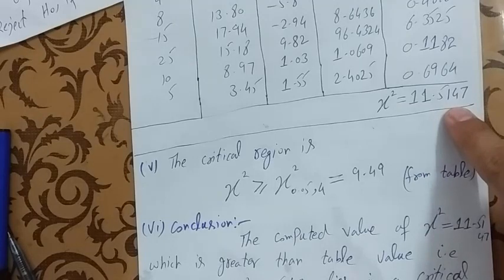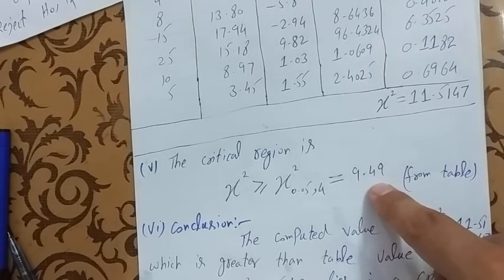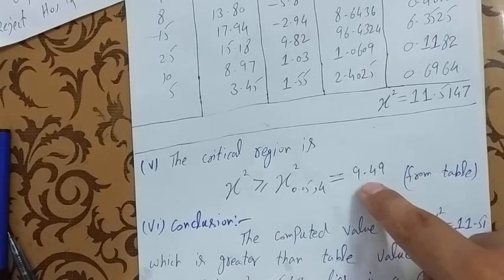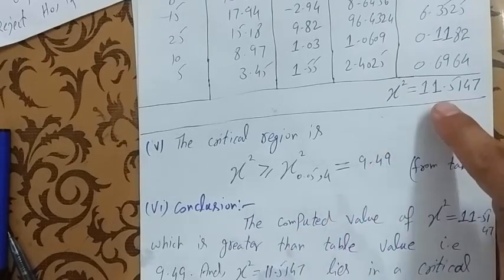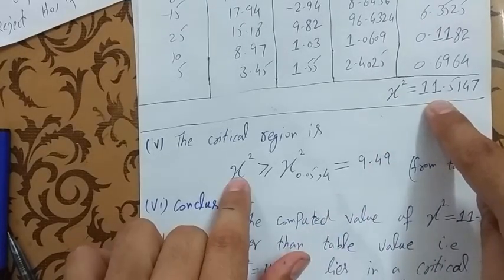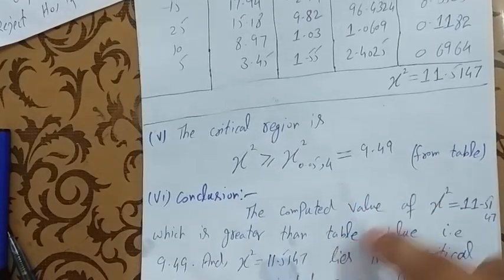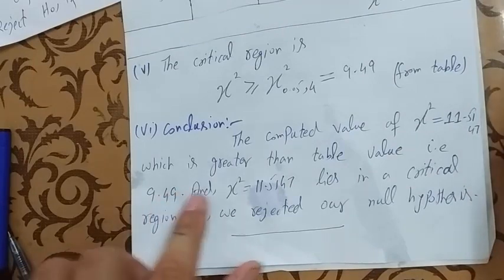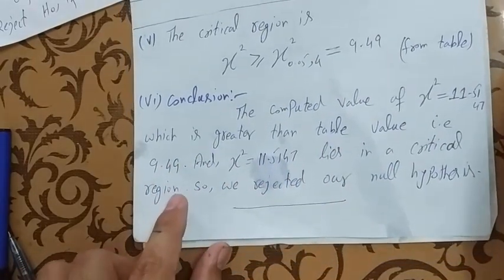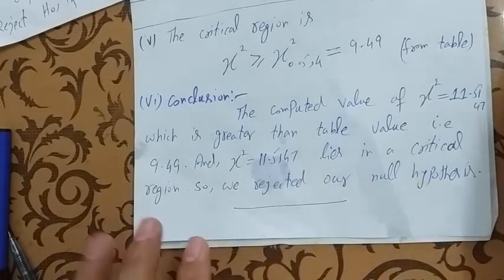This is the chi-square table value. The computed value of chi-square is 11.5147, which is greater than the table value, 9.49, so it lies in the critical region.